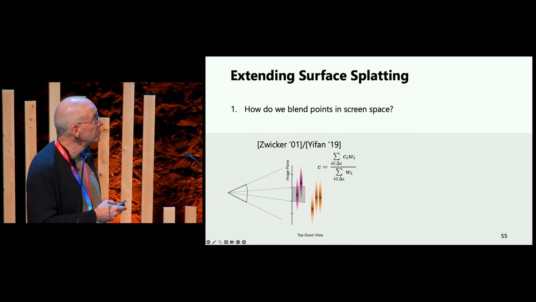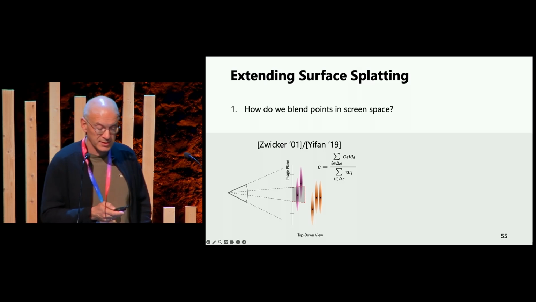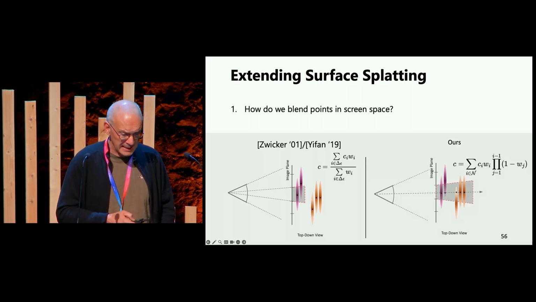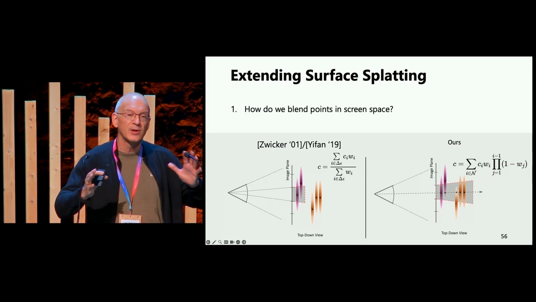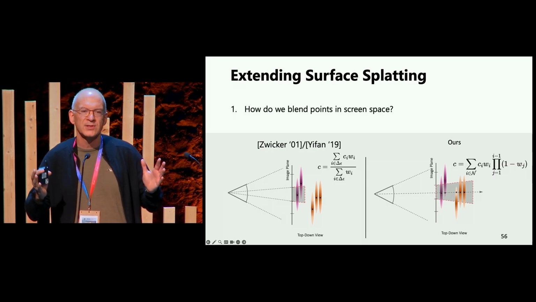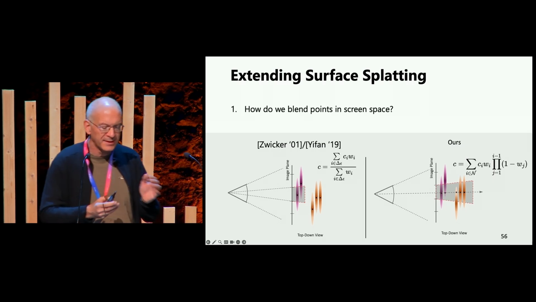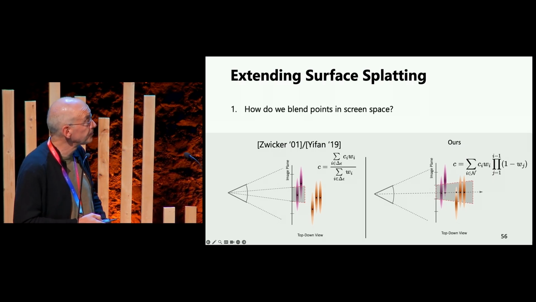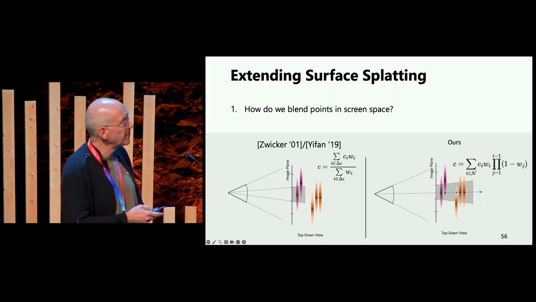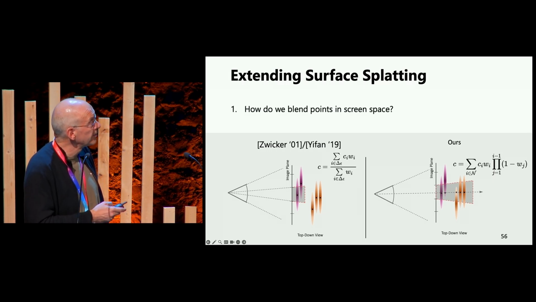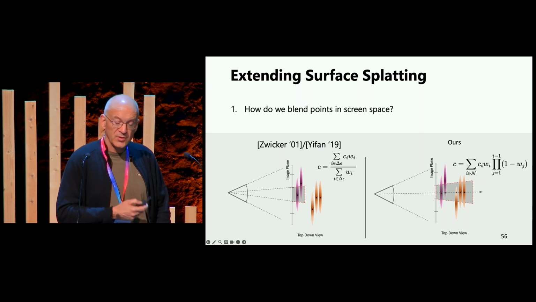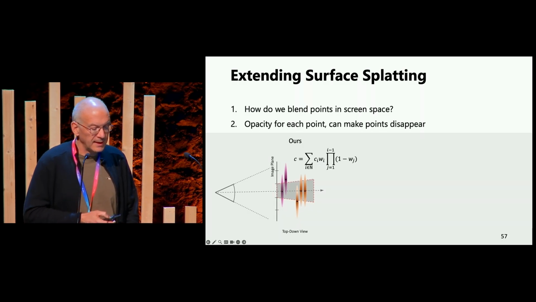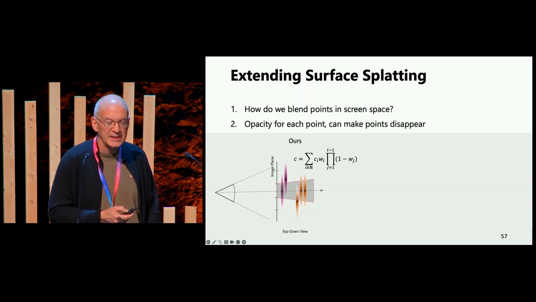So it's okay to do this because the splats are going to be very close to the surface. Our context is slightly different. We have points in the beginning that are going to be kind of all over the place, and we don't know where the surface is, and the optimization has to find the surface. So instead, we just used a typical front-to-back alpha blending technique that allowed us to take everything into account. So this is good, but it's not enough, because we need to make points disappear.